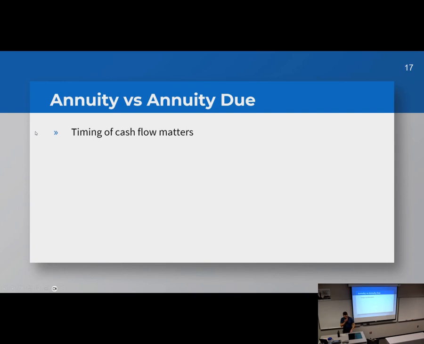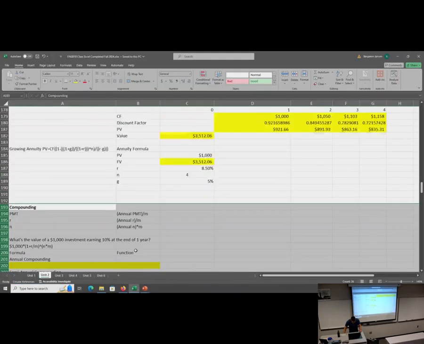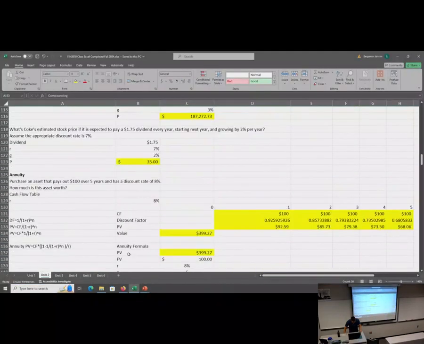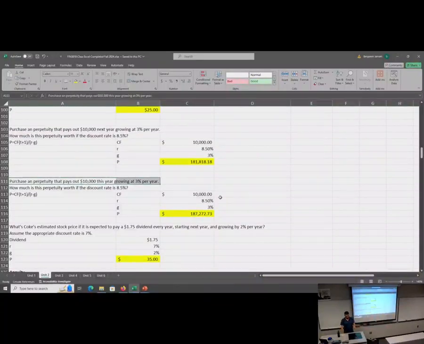So one thing to keep in mind is the timing of the cash flow. We already saw this example earlier when we were looking at the timing of the cash flows, right? Well, 1 year difference in compounding can result in significant differences in value.